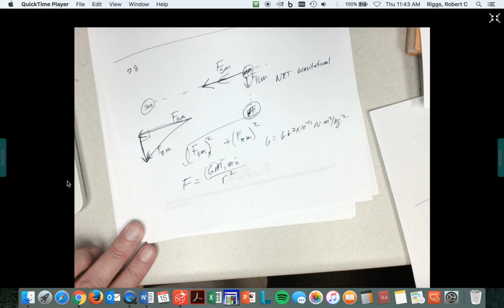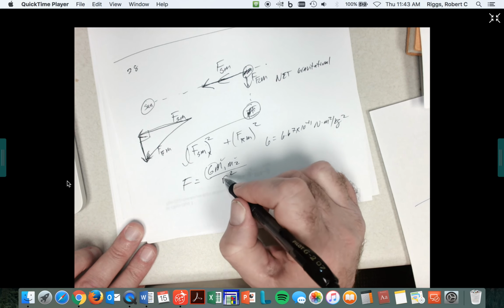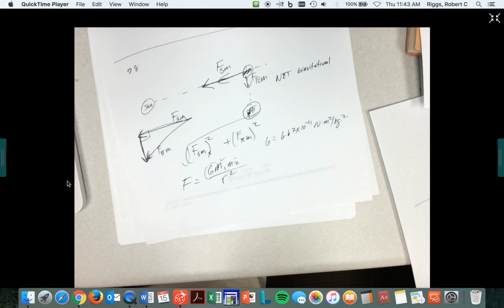And then they give you the distance for the sun from the moon and the earth from the moon. But what you have to look up is the mass of the sun, the mass of the moon, and the mass of the earth.